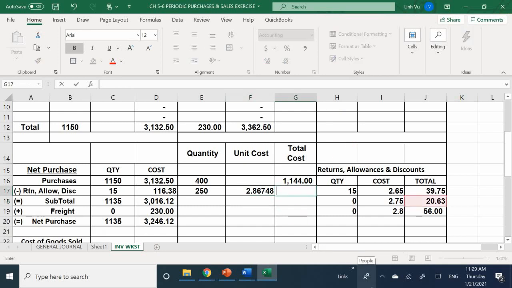Now that we have my cost per item, how many more items do I need to sell? 35.